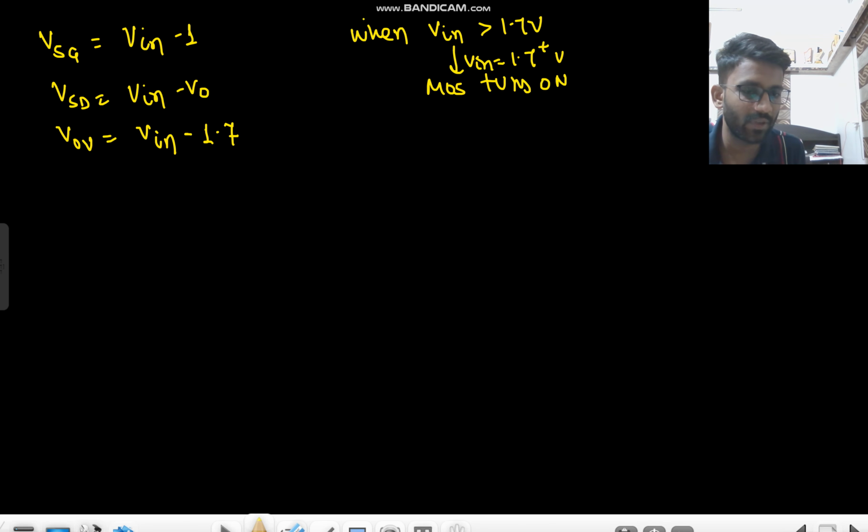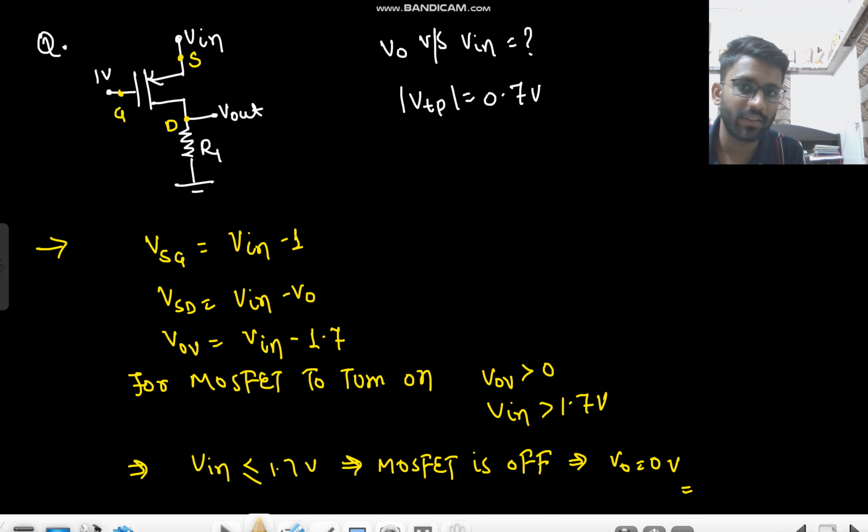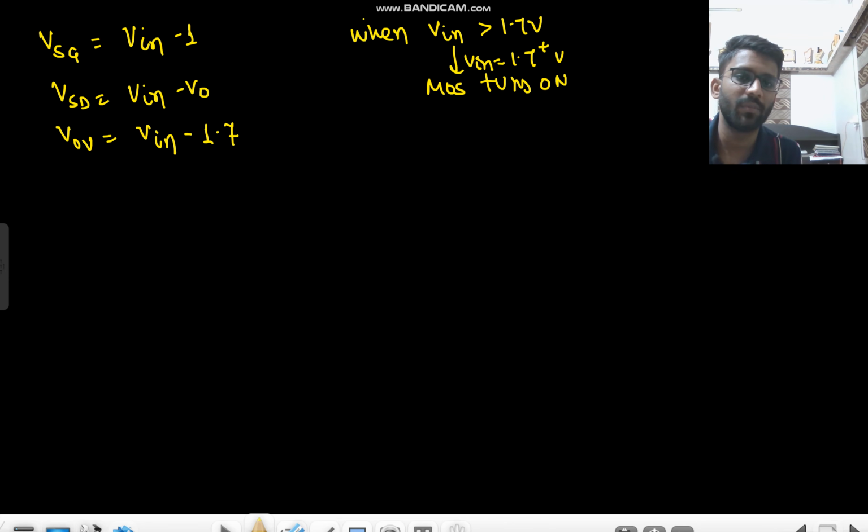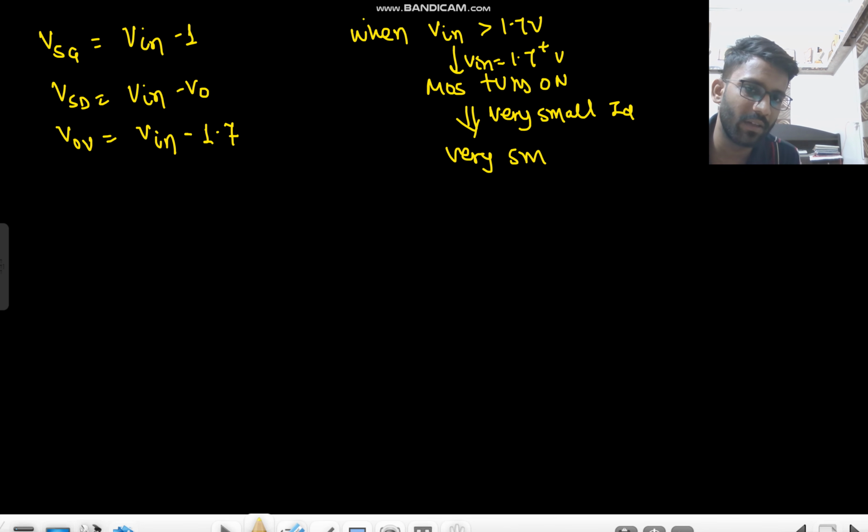If there is very small current, the V out will be very small. MOS just turns on, very small ID, that means very small V naught, that can be equated to 0 volts.